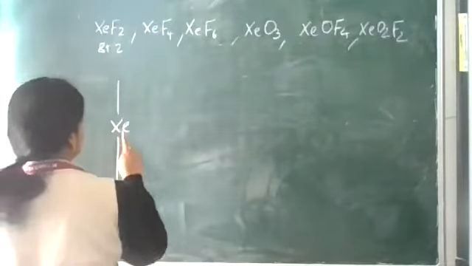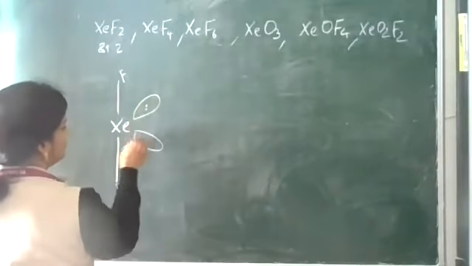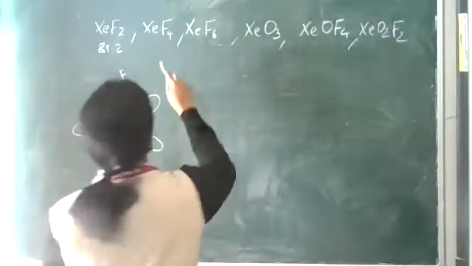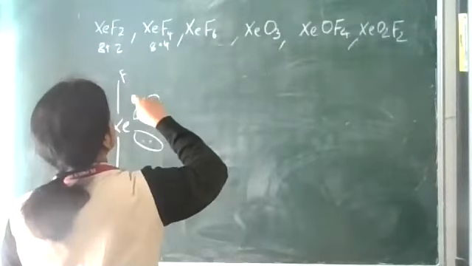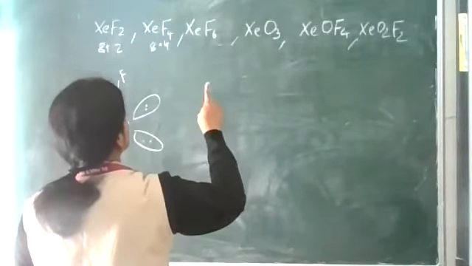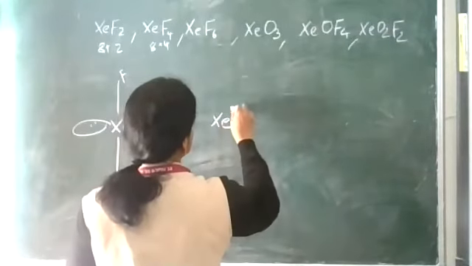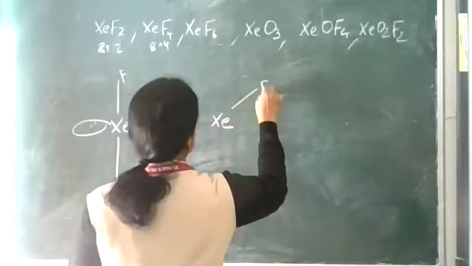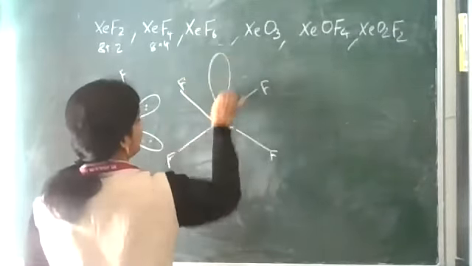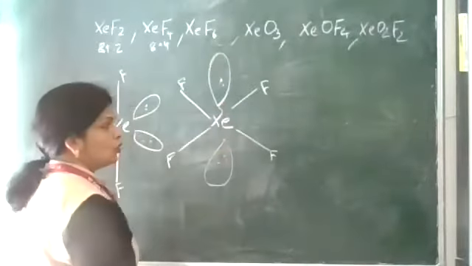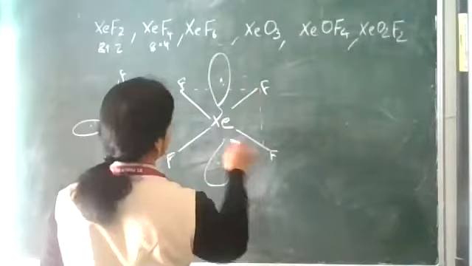From that only 2 are bond pairs and the rest are lone pairs. Now XeF4: 8 plus 4, 12, so 6 pairs of electrons, 4 bond pairs. So XeF4 is square planar with 2 lone pairs. While writing the structures, lone pairs should be shown. Without that, you will not get the mark.